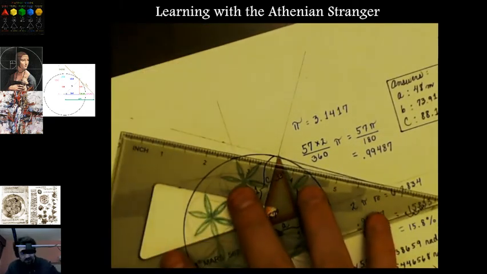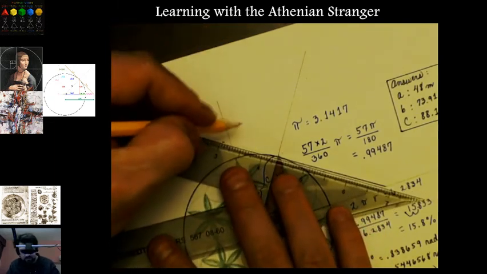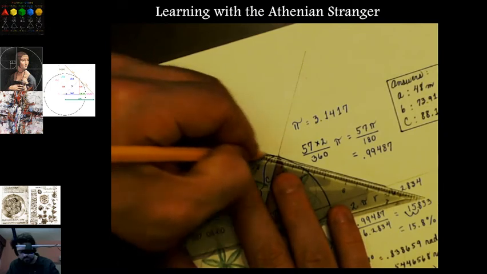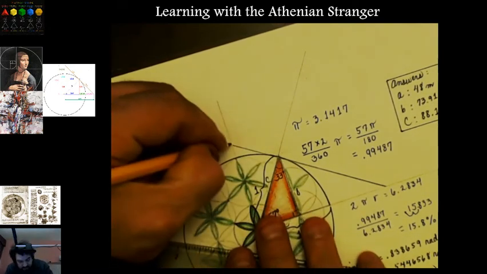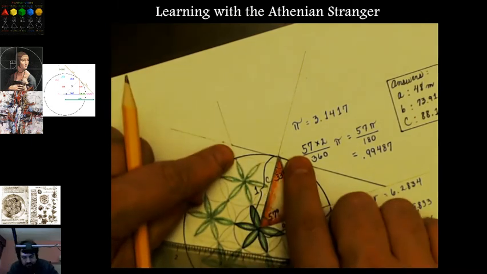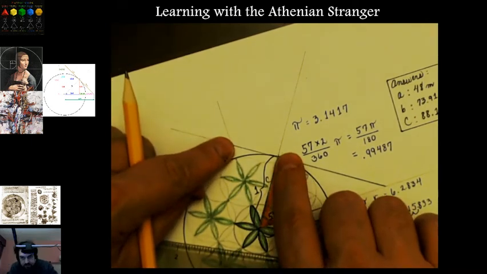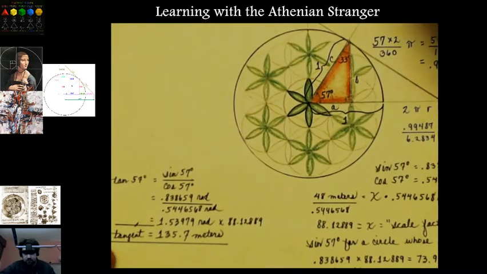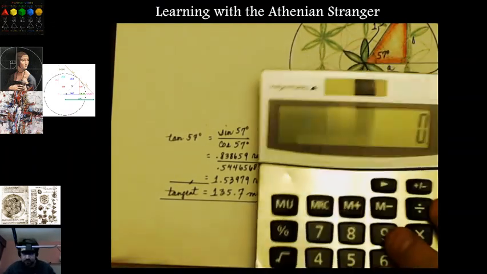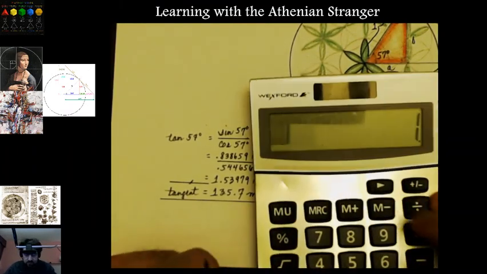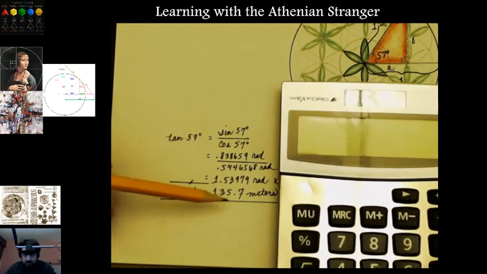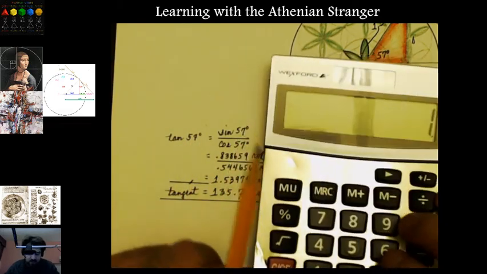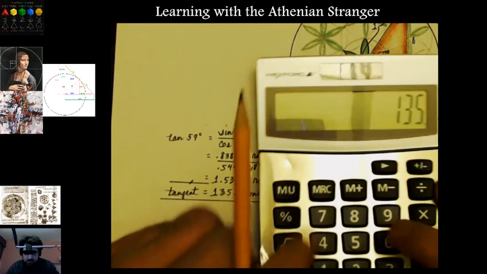The remaining distance, if we draw a line from here to here, that distance from right there to right there, that's the cotangent. That's just 1 over the tangent. So if I wanted to find the cotangent, I could just take 1 divided by, let's do cotangent of the scaled up numbers, 1 divided by 135.7.